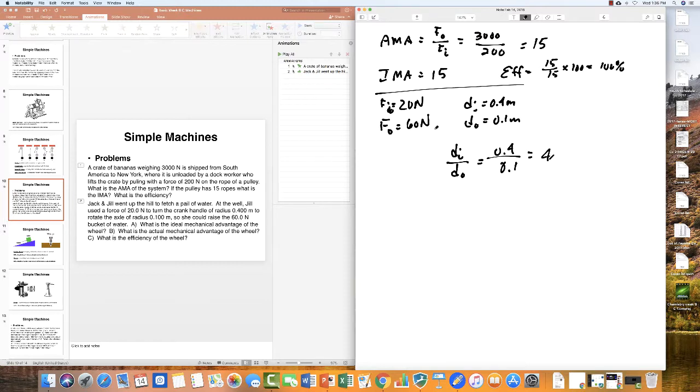So the IMA is equal to 4. The AMA is equal to the force output divided by the force input, which is equal to 60 divided by 20, or 3. And then the efficiency of this system is going to be equal to 3, the AMA, divided by 4, the IMA, times 100, which is 75%.